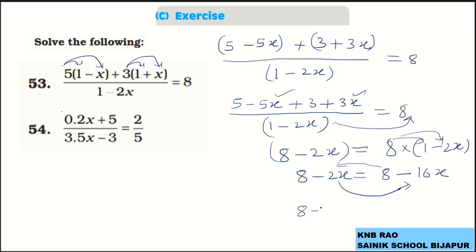Here 8 minus 2x equals to 8 minus 16x, this subtrahend if it comes here it becomes addend, so plus 2x. So, 8 equal to 8 minus 16x plus 2x, so 8 minus 14x.